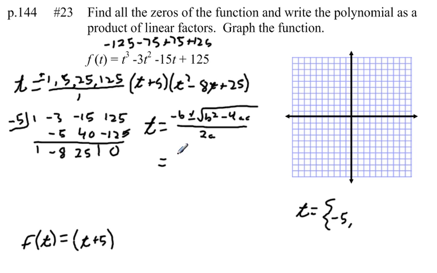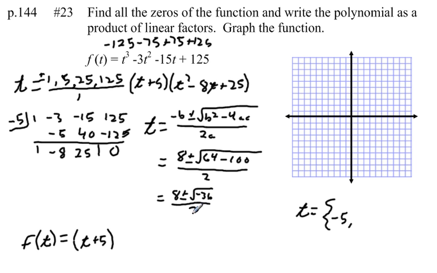So t is going to be equal to 8 plus or minus the square root of -8 squared, which is 64, minus 4 times 1 times 25, which is 100, all over 2 times 1.